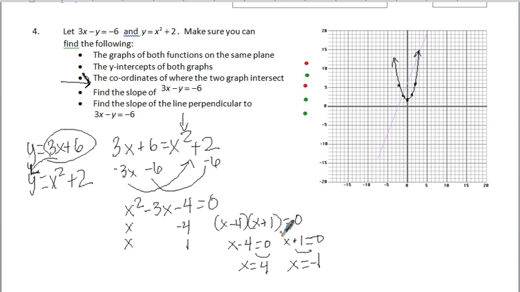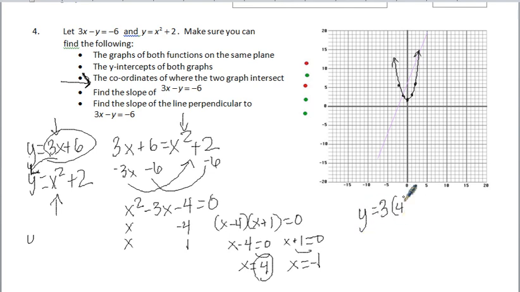All right. So now what that means is that for x equals 4, I can plug that into both of these equations, and it'll tell me what my y is. And watch me get the same number twice. I'll do it over here. So if y equals, I'll do the linear.